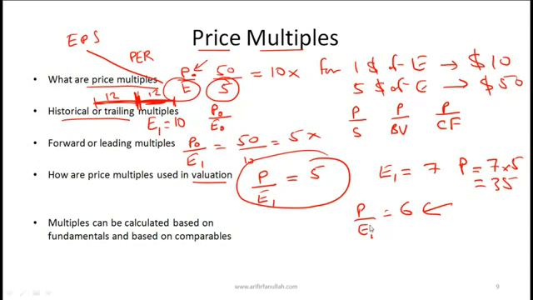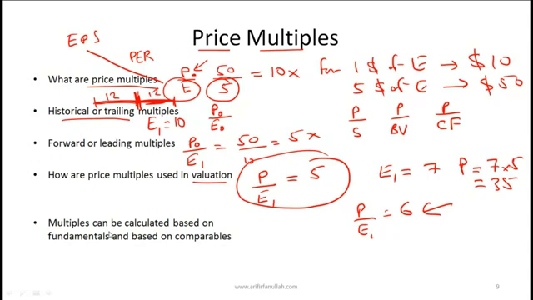So unless there is a good reason why investors are paying $6 per dollar of earnings for this company, whereas on average in the industry we have a PE ratio of only 5, we can say that probably this share is overpriced or overvalued. So the PE ratio is also used for relative valuation.